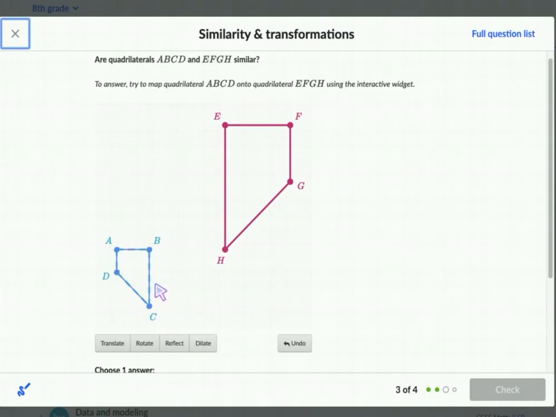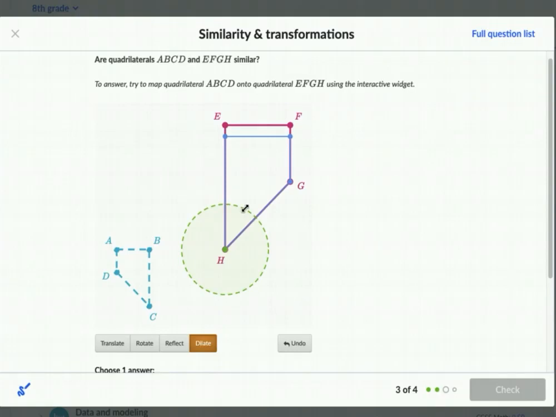Because here, what I would probably first do is reflect over to the other side so it has the same orientation, and then I would translate it over, and I would say, hey, look, all these look the same. This checks out. But if I use the dilate, let's put this point over here and drag it out, I would see, hey, look, it doesn't actually match up.